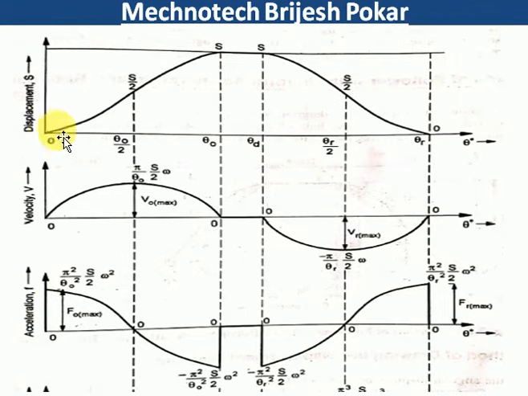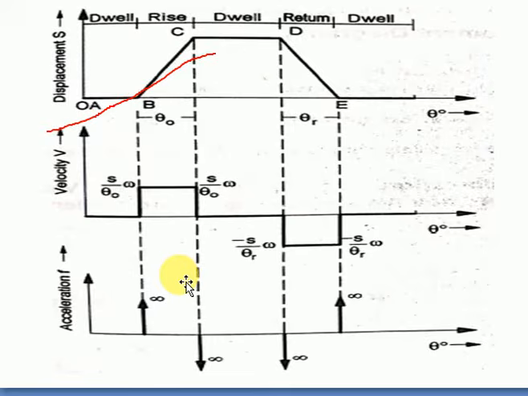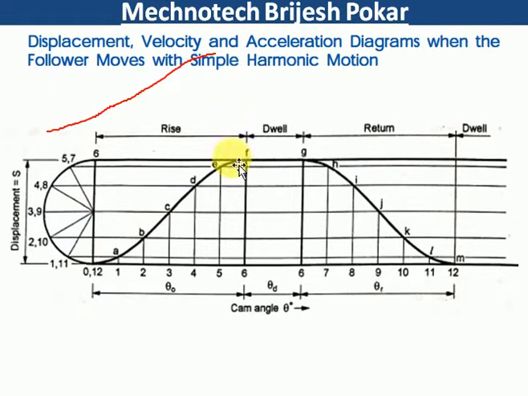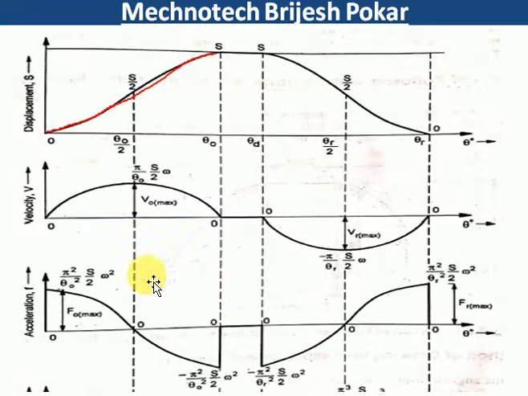As we have seen the simple harmonic motion, this is the displacement diagram which we have seen here. Okay, this is the simple harmonic motion displacement diagram, which is the same here, and written in the middle it is s by 2.